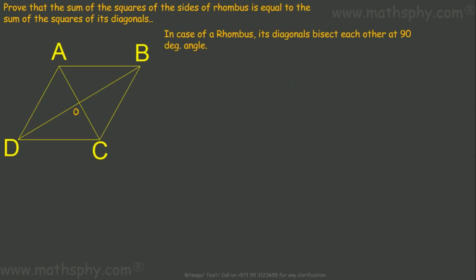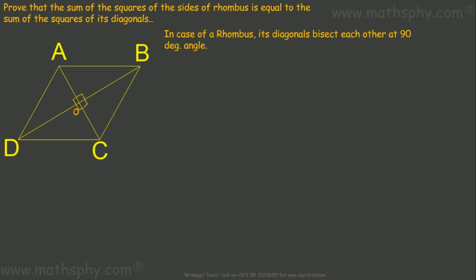Now, in case of rhombus, its diagonals bisect each other at 90 degrees angle. First of all, they bisect at 90 degrees, means all four angles here, each one of them is 90 degrees. Second, it says bisect means OA will be equal to OC and OB will be equal to OD. Okay.